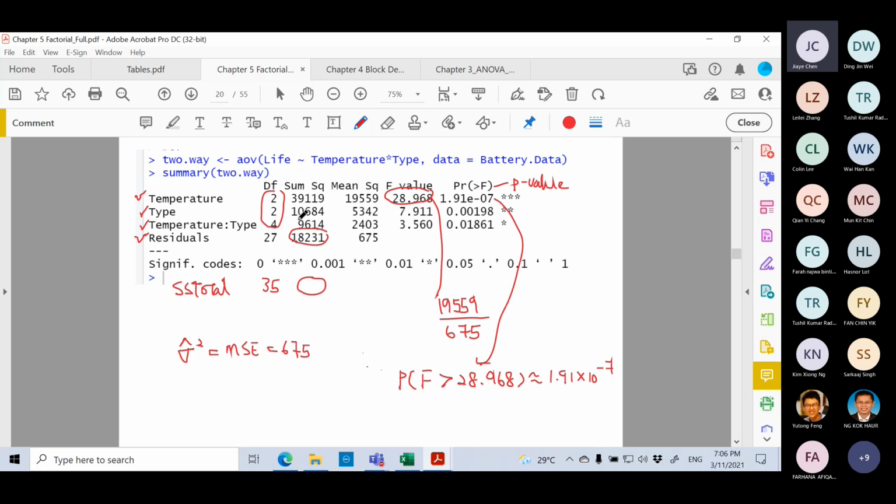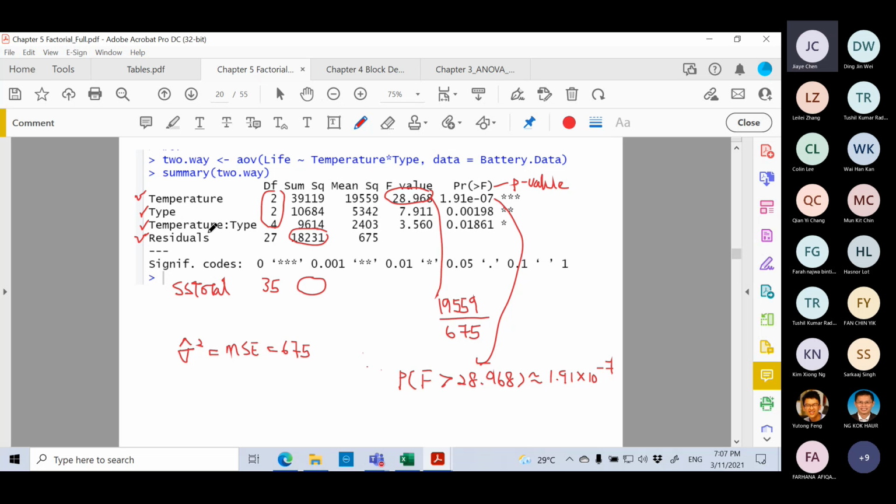From this analysis, what conclusions can we have? The first one: if we test at the 10% level of alpha, this is significant. Significant means that different temperatures will affect the life of the battery. The second, for the type, the p-value is also quite small, so using a different type will affect the life of the battery.